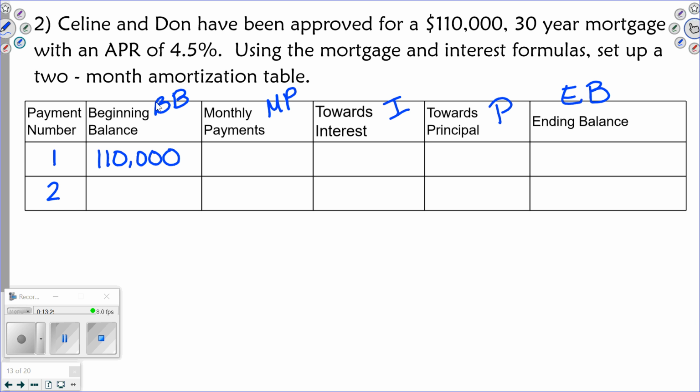Monthly payment, we've got to go back to that giant formula.